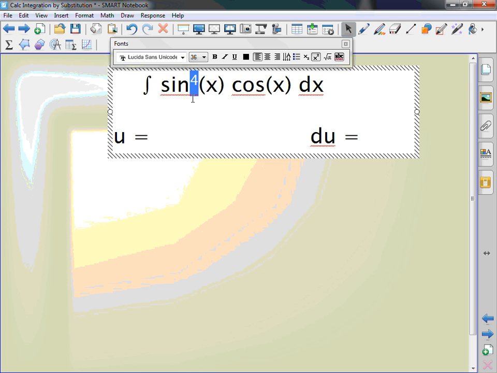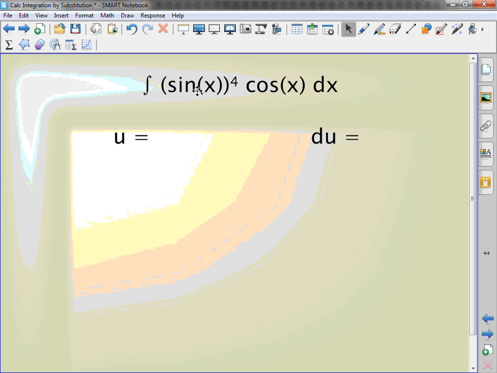If I have sine to the 4th of x, what does that really mean? No. Sine of x to the 4th.